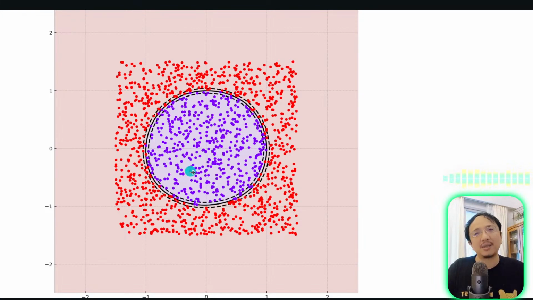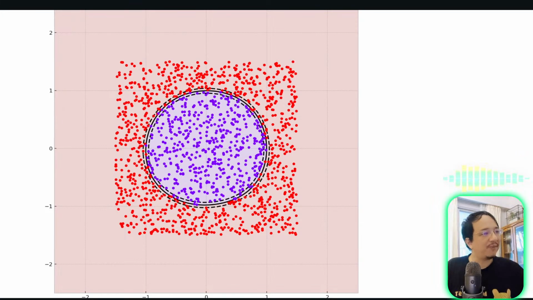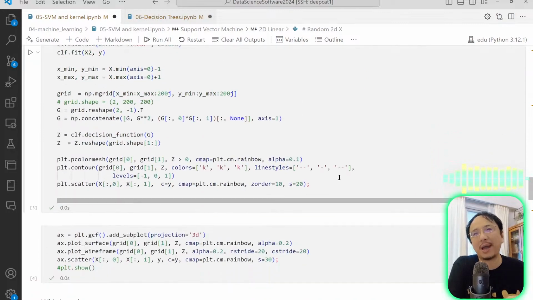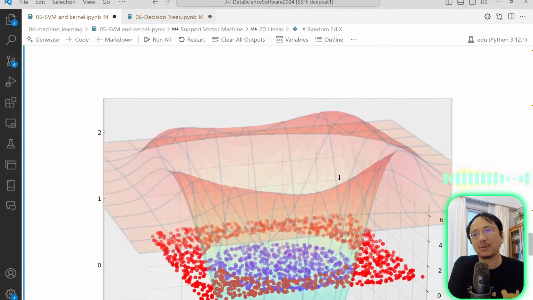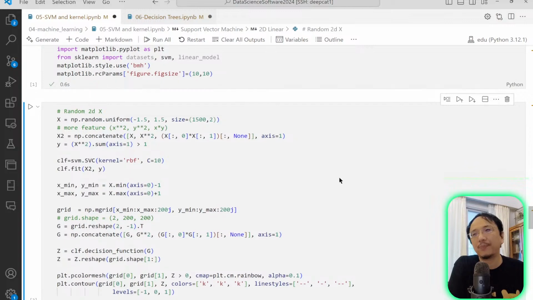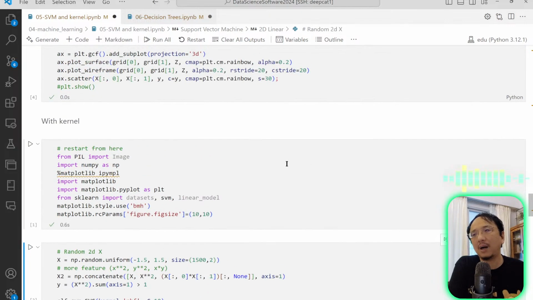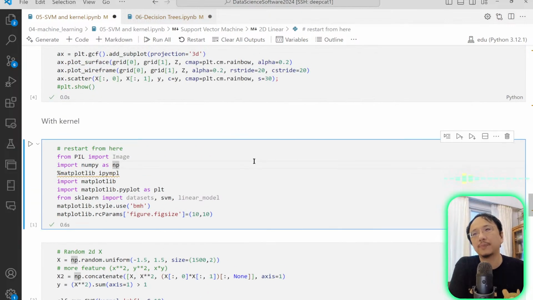The reason that it is very close to a circle is because we have more samples here. This is a modified example, because originally I chose fewer samples.